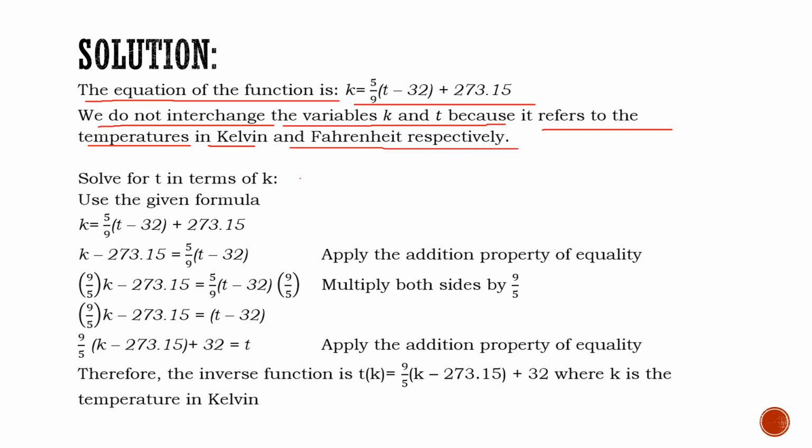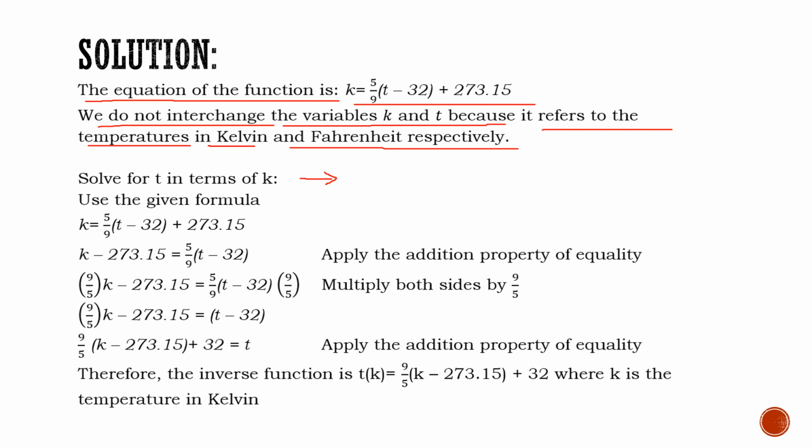So solve for T in terms of K. We only apply the concept of interchanging variables if it is from a scenario or condition wherein it can be changed from a given condition, from a given time.